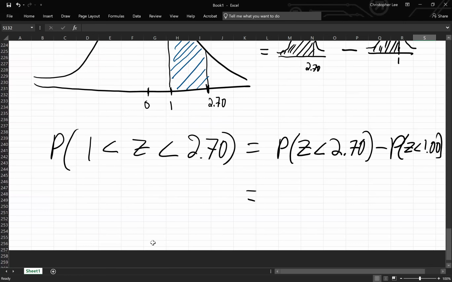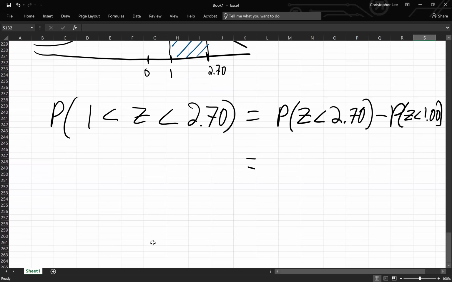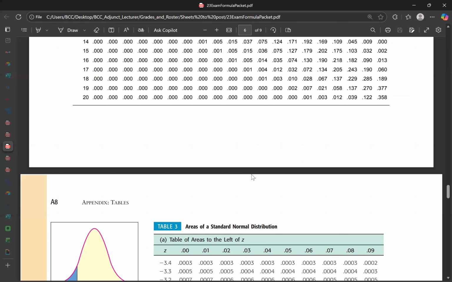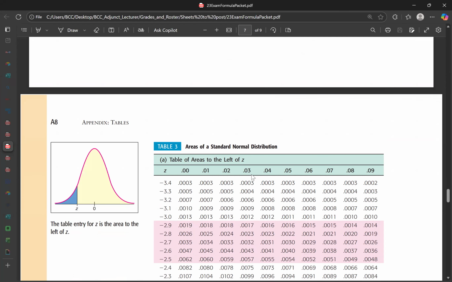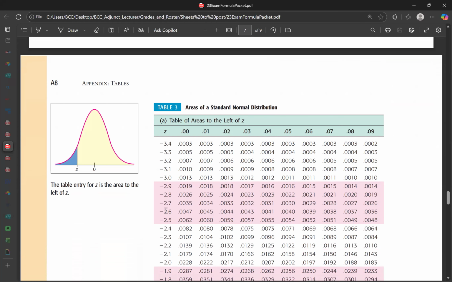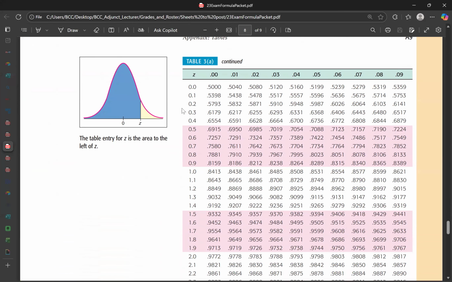Now let's look it up. First, I want to look up 2.70. Let's do it together. There's two Z tables: a negative Z table, as you can see right here, and a positive Z table right here. I'm looking for 2.70.